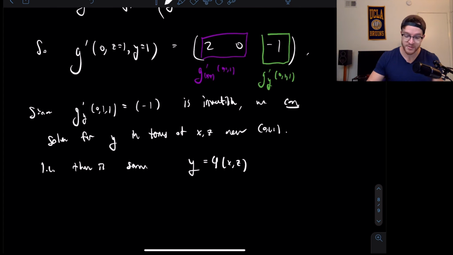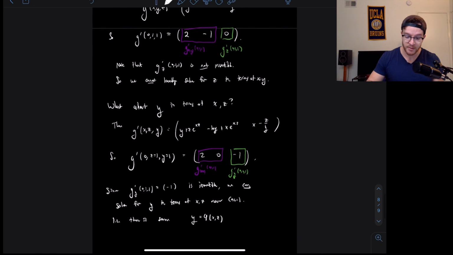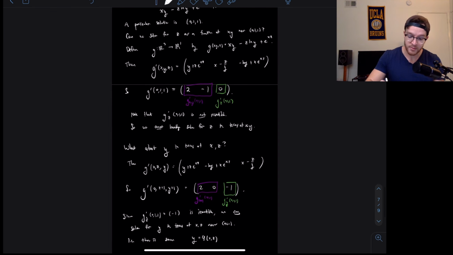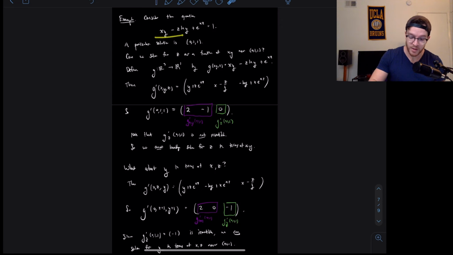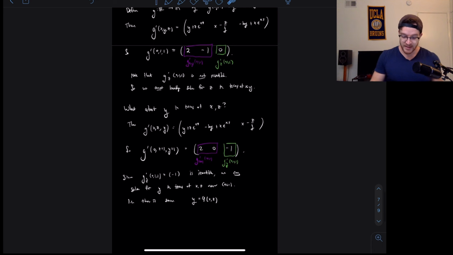In other words, there's some function phi which would be solving this equation for Y in terms of X and Z. And it looks like, oh yeah, I still don't know how I do that. This would be pretty hard. So this is kind of the point. And again, we don't know what phi is.